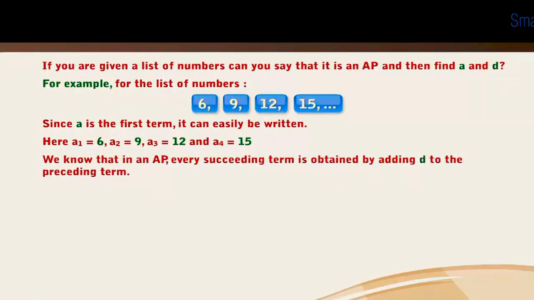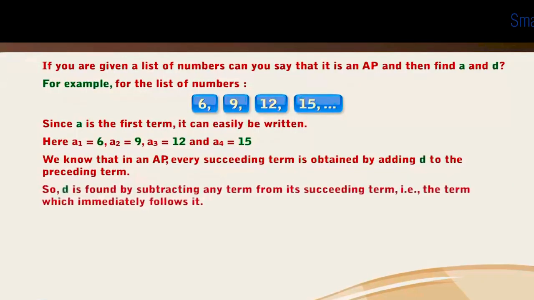We know that in an AP, every succeeding term is obtained by adding d to the preceding term. So, d is found by subtracting any term from its succeeding term, that is, the term which immediately follows it.